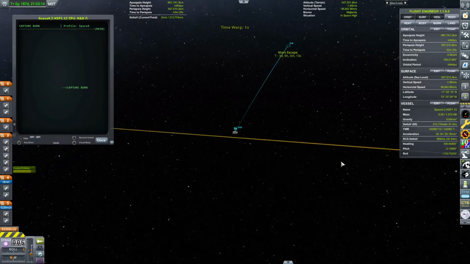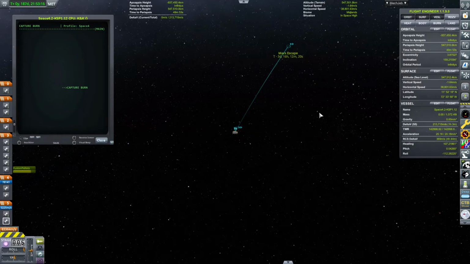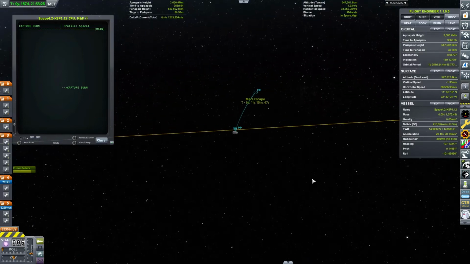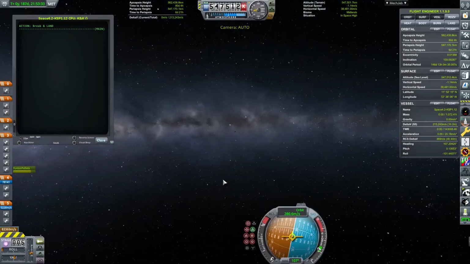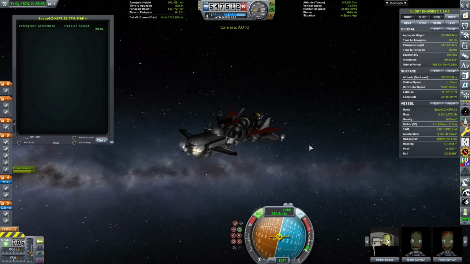Now we have a fast change of the Mars escape point, and it tends to be, in curve, circular. Mars is here, and okay, we are there. We are at the Mars orbit.